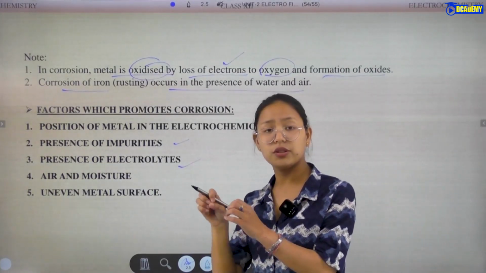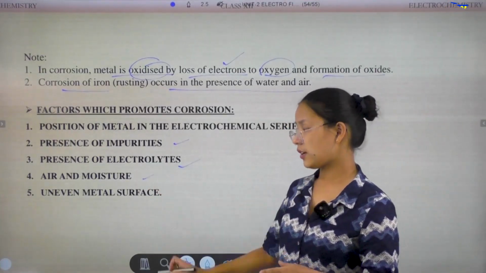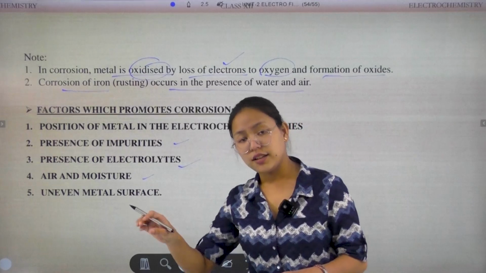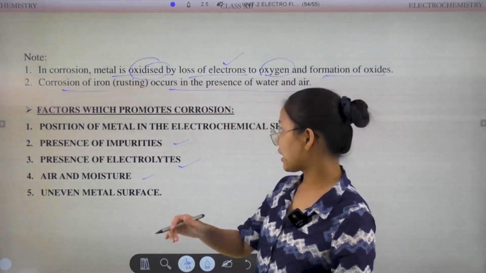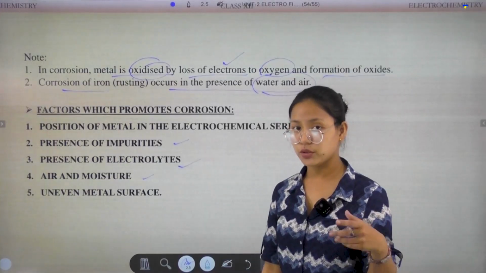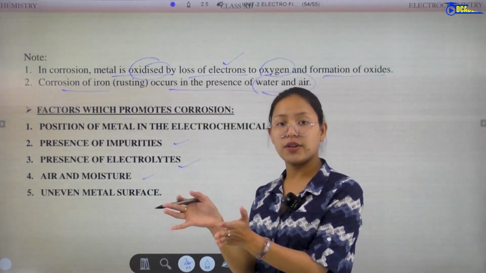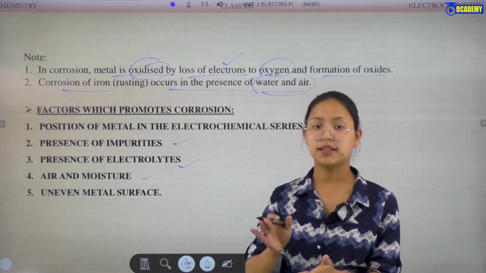If electrolytes are present, rusting will possibly be faster. Then air and moisture: air and moisture condense to form water, so air and moisture are needed.